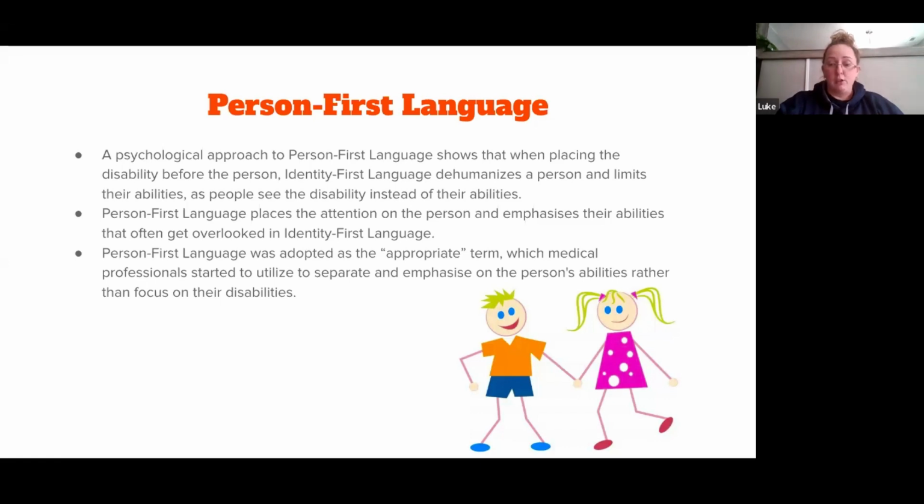Identity first promotes stereotyping and ignores the differences, but people with the same diagnosis have different challenges, and identity first is grouping everyone together regardless of their differences.